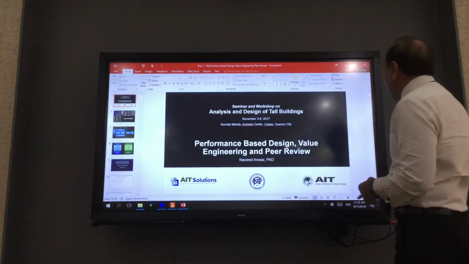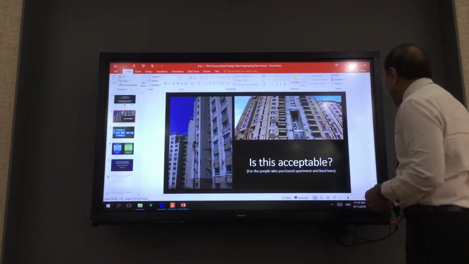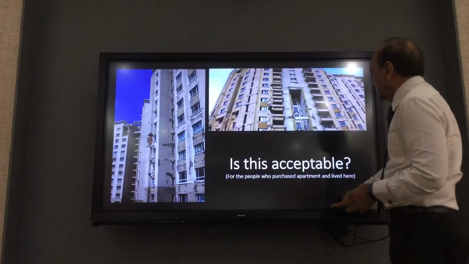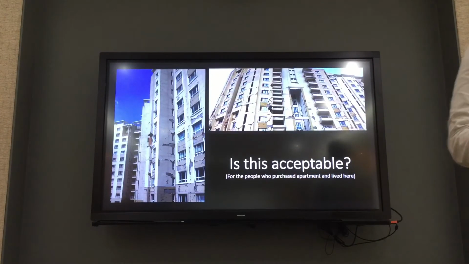So this is the presentation about the performance-based design. And again, I think I have shown this slide many times to you, right? And I explained to you that this is what happens in a building when it is subjected to earthquake, even if it is designed to building codes.